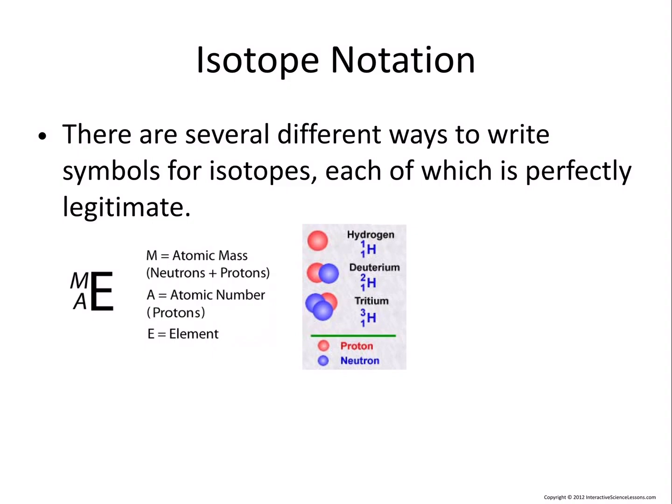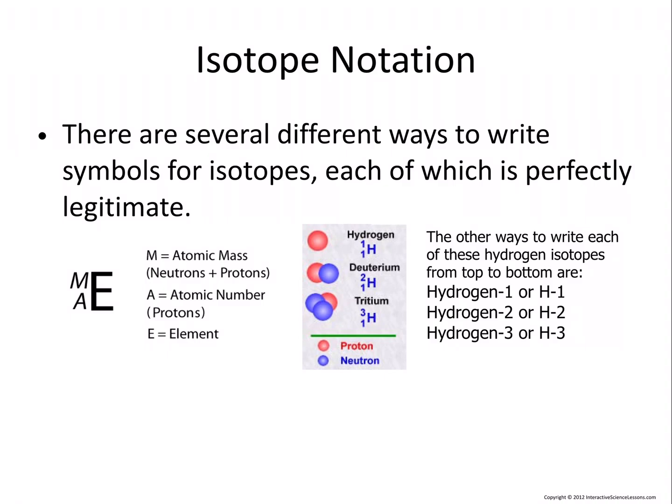The superscript, the one going up in the air like Superman, that's going to be mass. So that's how you have to keep track of these things. Chemistry becomes a little more complicated, then we just reveal another little layer. So we've got hydrogen 1, 2, and 3. True story.